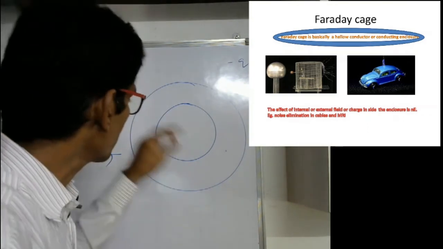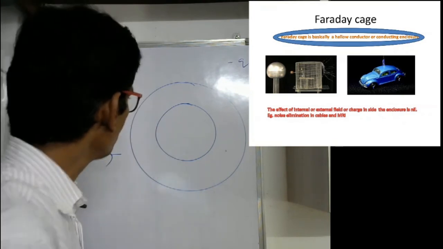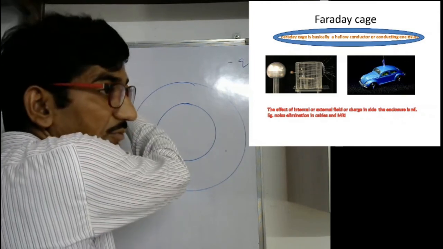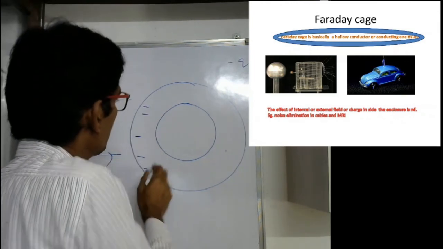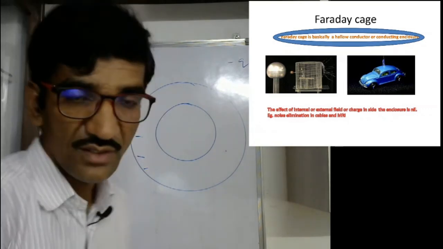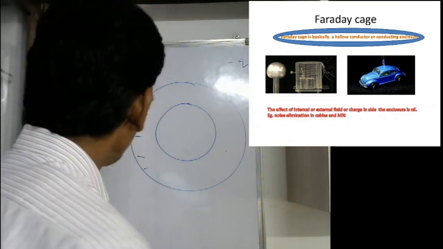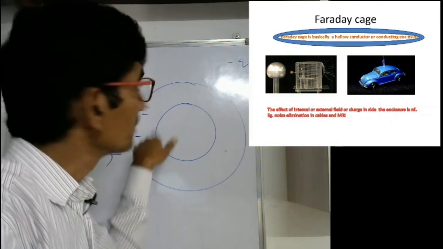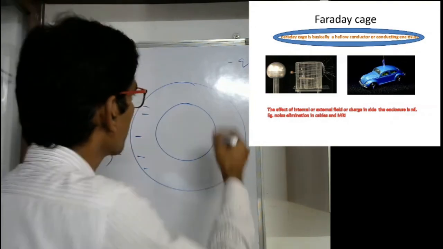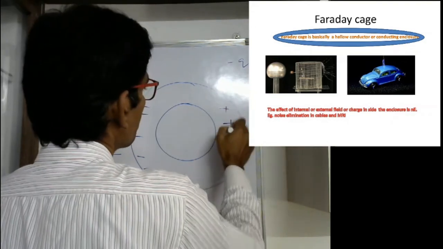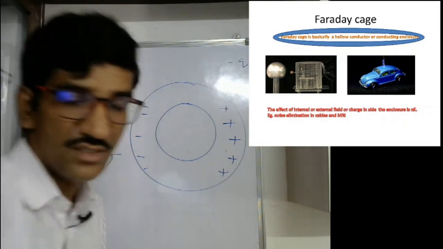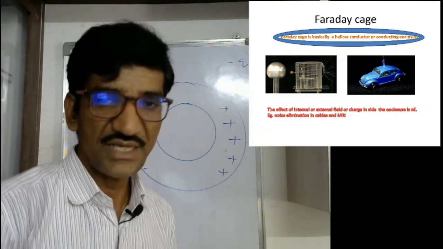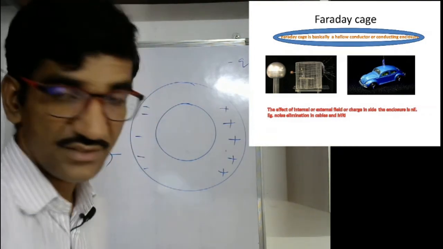Now on the side facing the positive charge, negative charge is induced here. On the side facing the minus charge, positive charge is induced here. Since these induced charges nullify each other, you don't have any effect of the field.